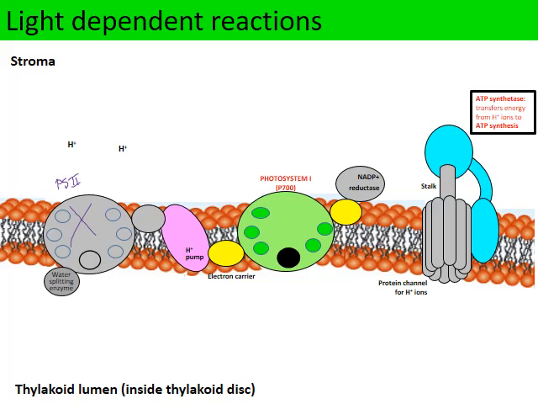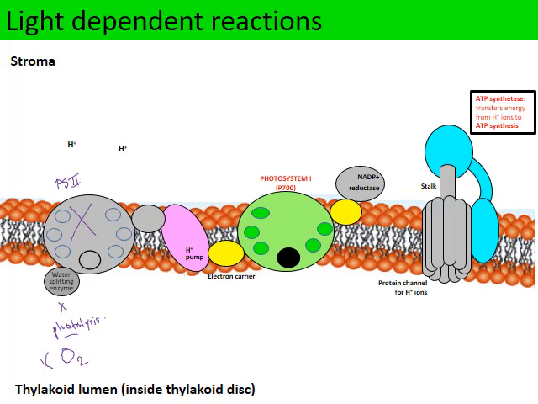Because the enzyme involved in photolysis is associated with PS2 on the left, there's actually no photolysis in cyclic photophosphorylation. So there's no production of oxygen, because that splitting of water does not occur in this process.